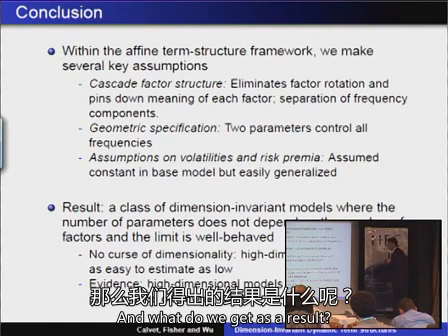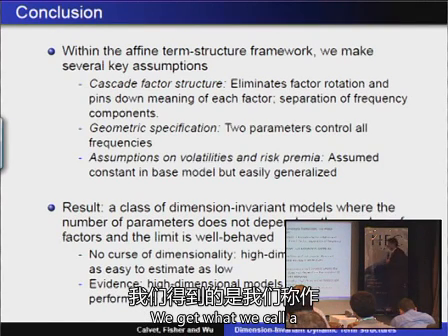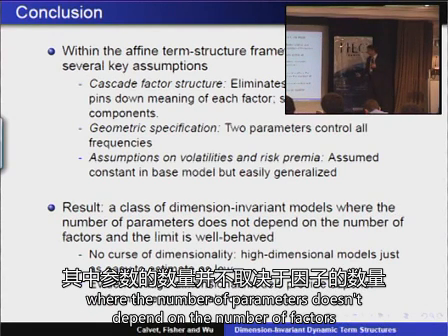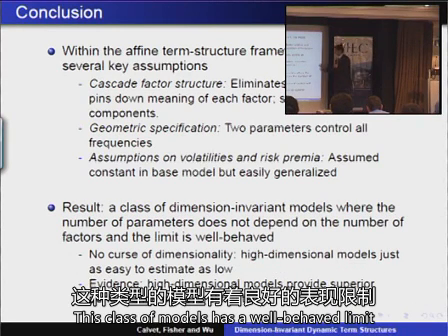And what do we get as a result? We get what we call the dimension invariant dynamic term structure model, where the number of parameters does not depend on the number of factors. This class of models has a well-behaved limit.